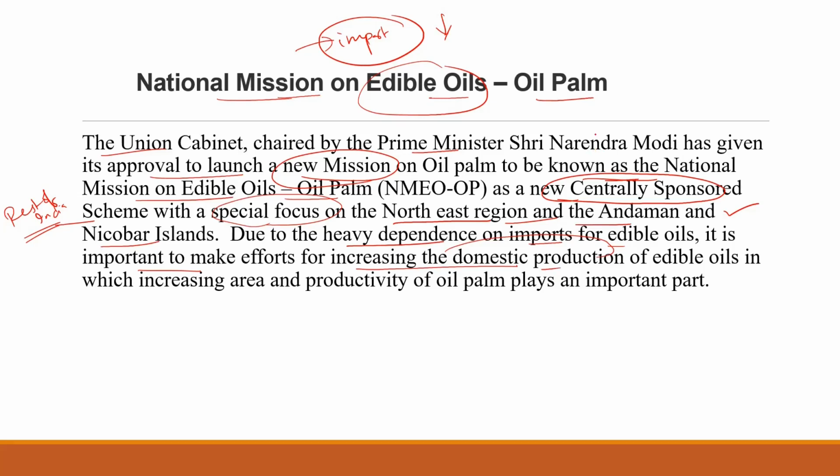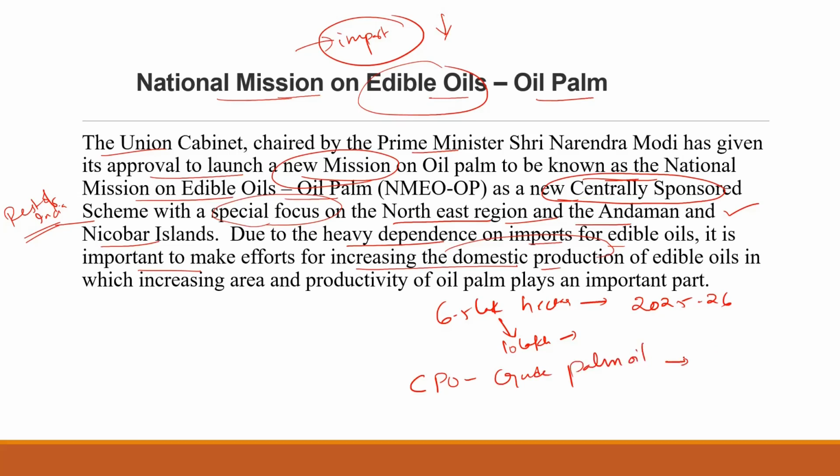Now, under this scheme, they have proposed an additional area of 6.5 lakh hectares for oil palm till 2025-26 to reach the target of 10 lakh hectares. And for the production of crude palm oil, whenever you see the word CPO, remember this is crude palm oil.